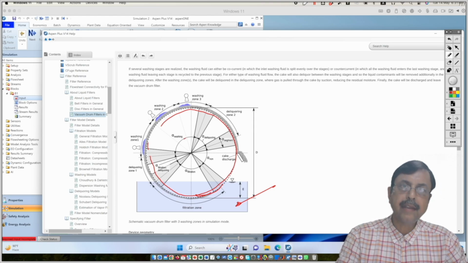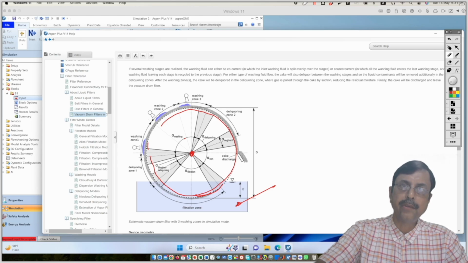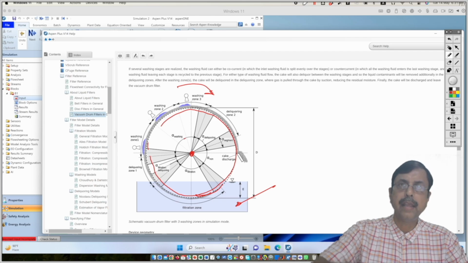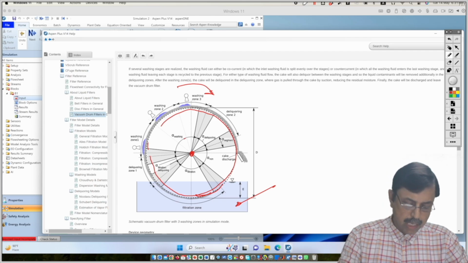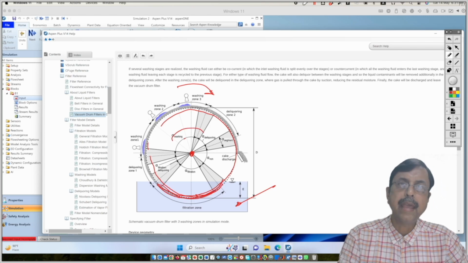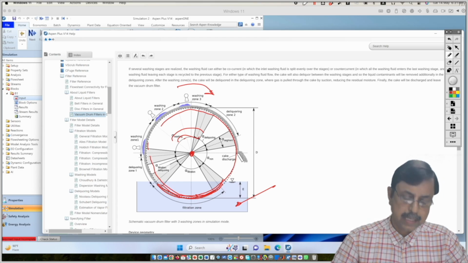This entire cylinder is under vacuum, and it rotates very slowly around its axis, so there will be a rotation like this. While this portion is submerged in the liquid and the cylinder is under vacuum, the liquid infiltrates.